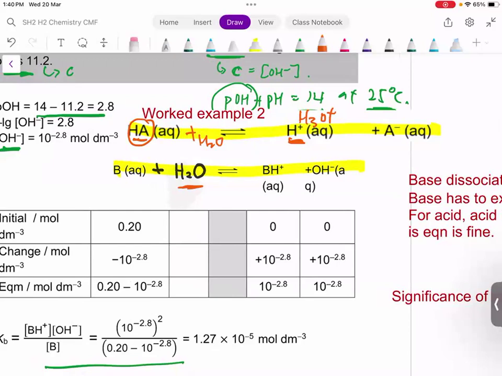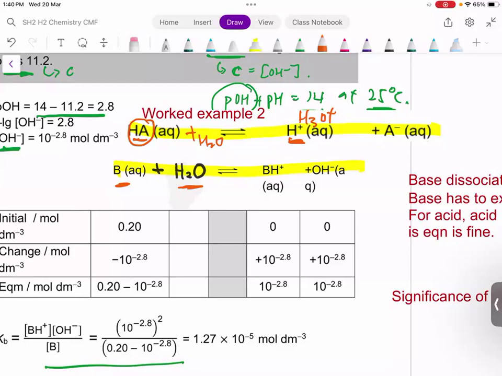But if you look at the definition of a base, what's the definition? It's a proton acceptor. So where does the proton come from? The proton must come from your water. That's why when you write the equation to show partial dissociation of a base, water must come in because it is the proton source. Get me?